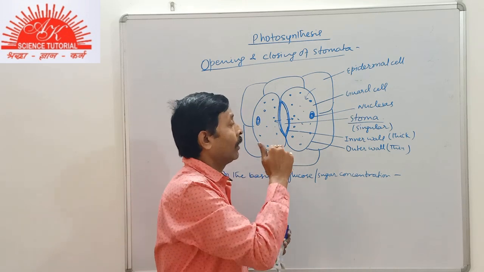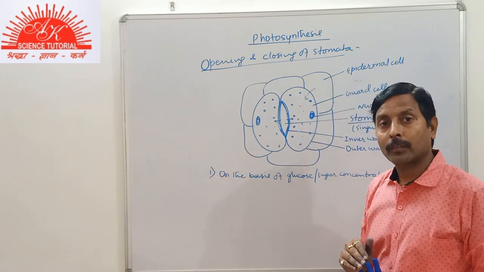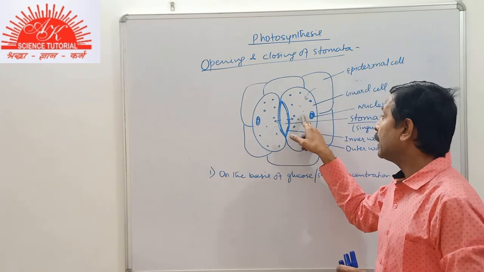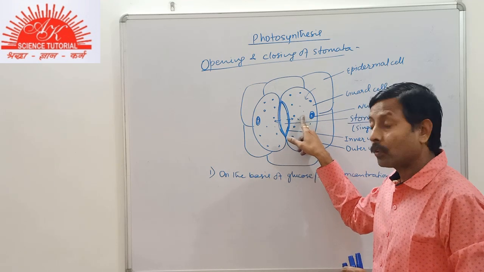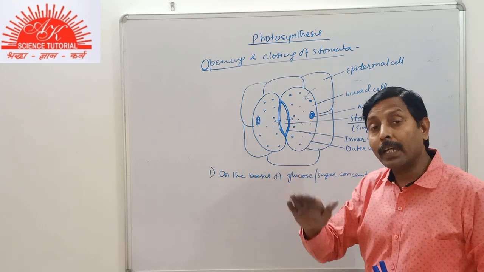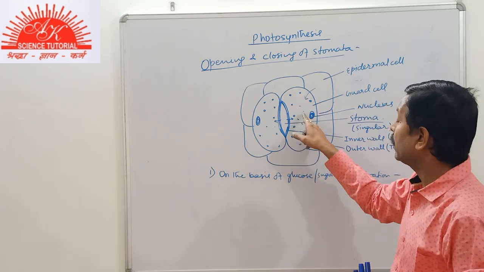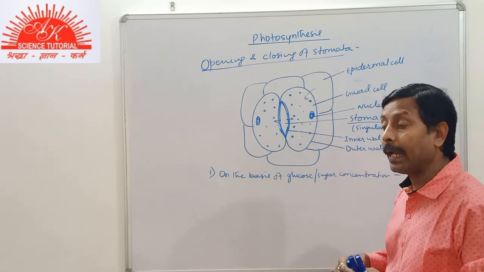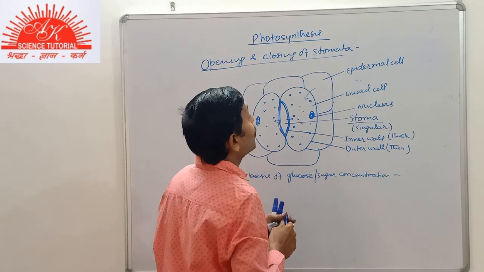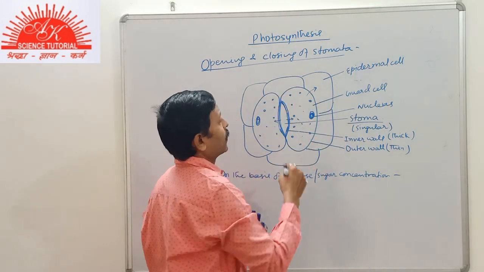Now, during the night, photosynthesis stops. The glucose present in it is either converted into starch for storage or translocated to other parts of the plant. As a result, the cell sap becomes hypotonic with respect to the surrounding epidermal cells, and exosmosis takes place.